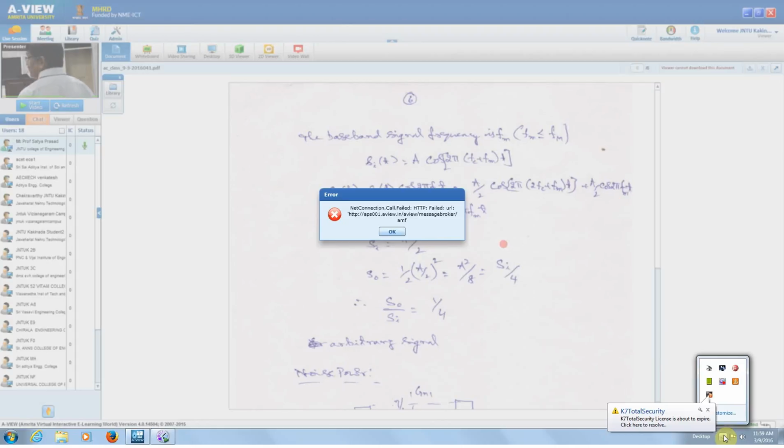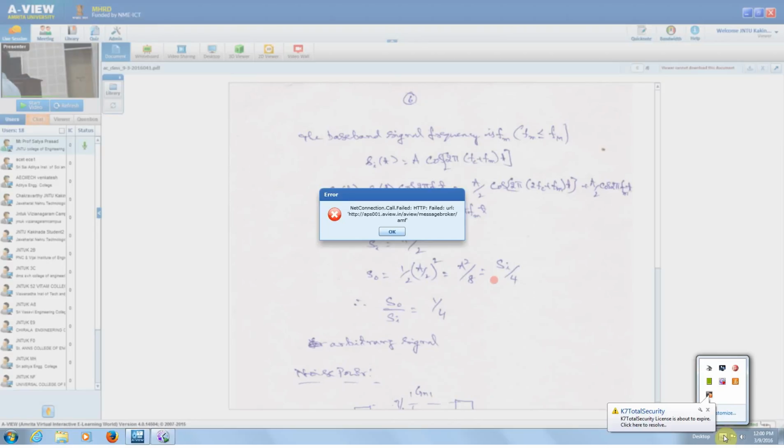A by 2 cos 2 pi FMT. Half of the square of the magnitude, so 1 by 2 times A by 2 square is A square by 8. SI is A square by 2, therefore this is SI by 4 that we are going to have.